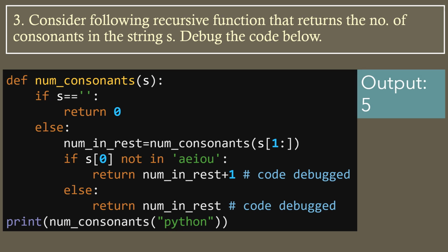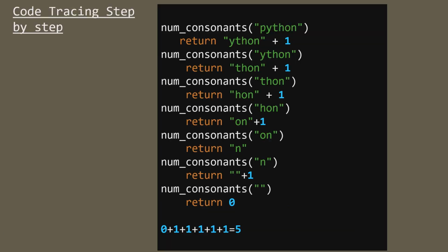Now let's see the code tracing of this particular function. As you can see, num_consonants is called with the string Python, and it will check the first character, that is P. And P, as you know, is a consonant, so it will return YTHON as the string plus 1. Okay, your string became YTHON excluding the first character.